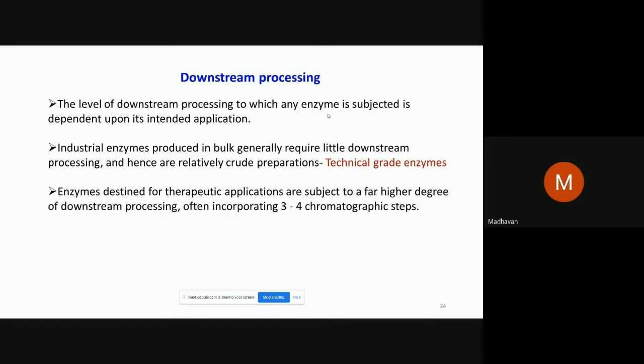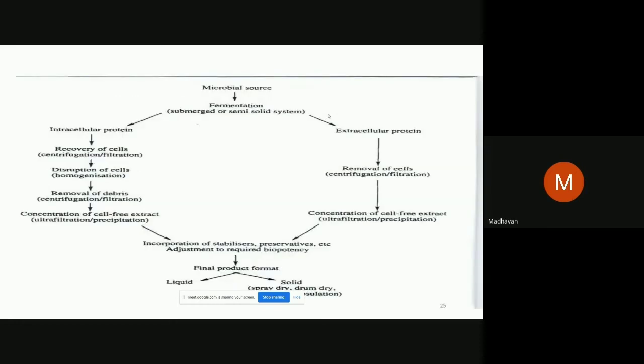There is no other option than to incorporate 3 or 4 chromatographic steps to purify the enzyme, or to have a recombinant enzyme with a specific tag like a His tag, so that you can bind it to the column and easily take it out. That kind of purity is required, and it also determines the cost of the process. But for industrial enzymes, mostly what we focus on is the technical grade enzyme.